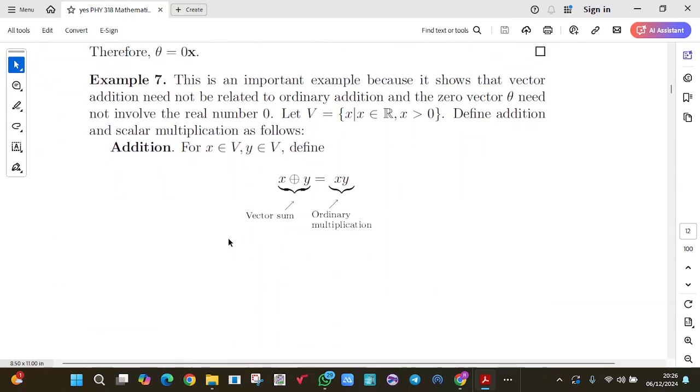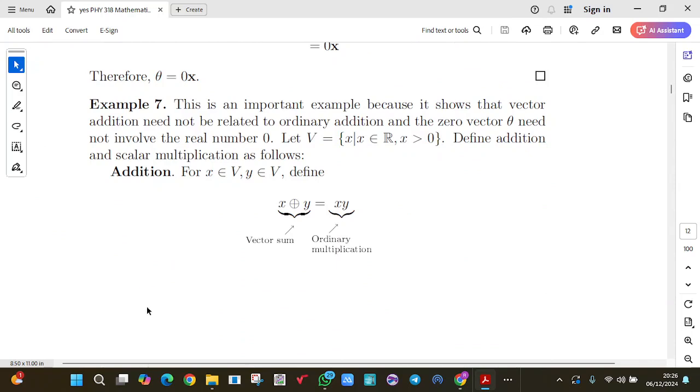Now, be very, very careful with what I want to go on with now. These signs are called definitions. They are not normal addition. It is important for you to know that these are operations, vector operations. They mean definition.